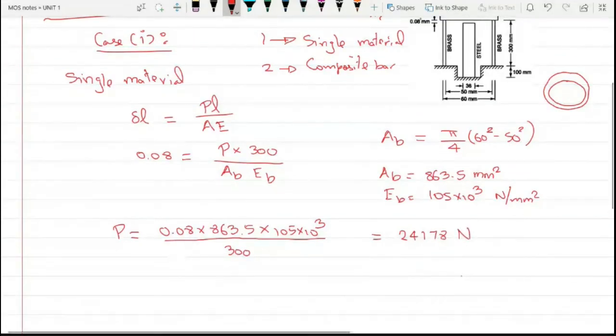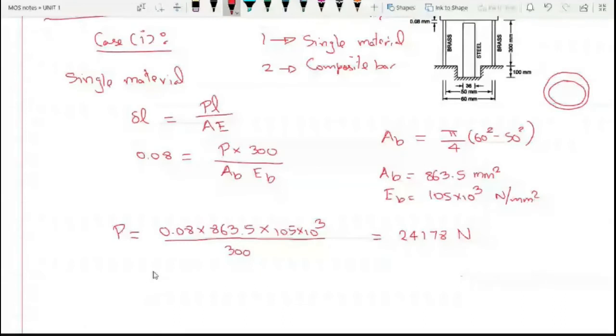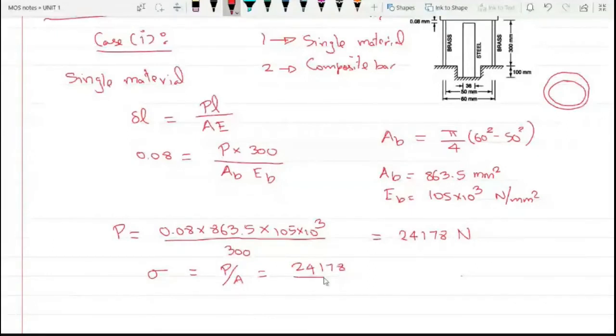Our aim is to identify the stress also, because till 0.08, you should know what stress is developed. So let me identify the stress. Stress is equal to P by A, P is 24178 divided by area 863.5.